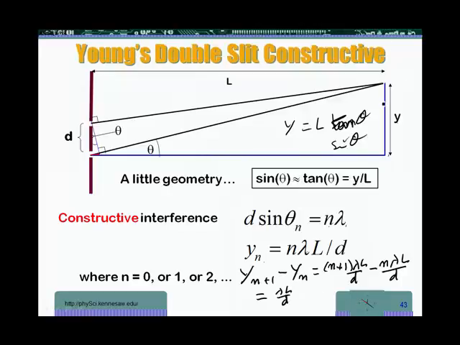It does not depend on where I am on the screen. It tells me that the separation between two bright fringes is going to be the same throughout the screen.